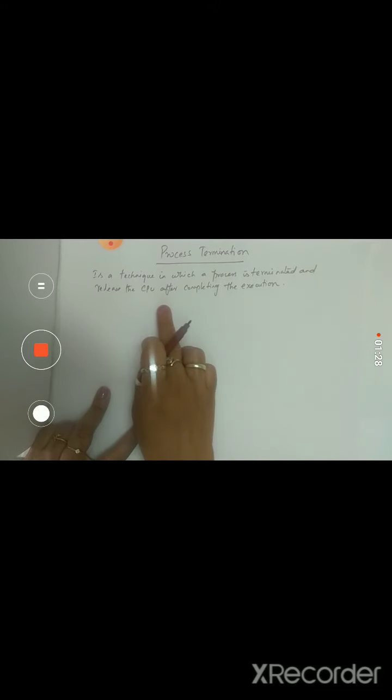So what is process termination? It is a technique in which a process is terminated and releases the CPU after completing the execution. Whenever a process is terminated, automatically it will be released from the CPU.